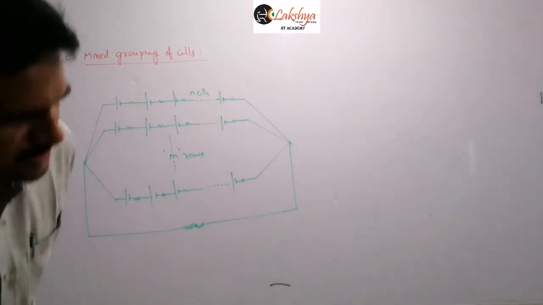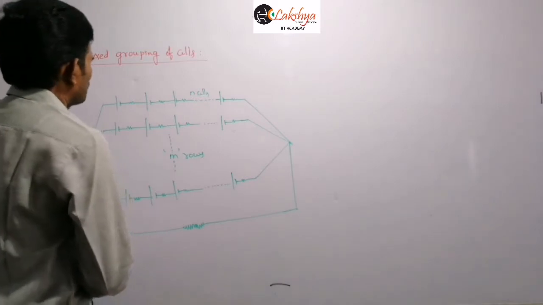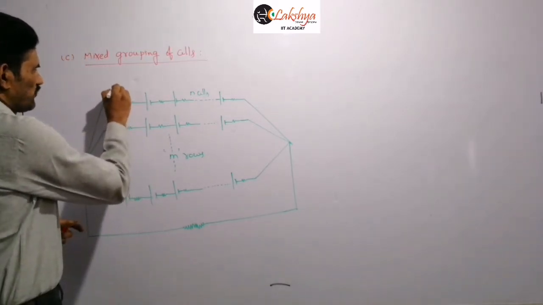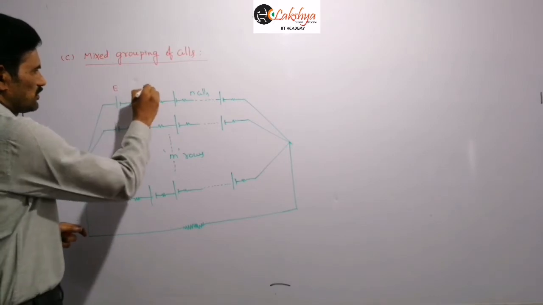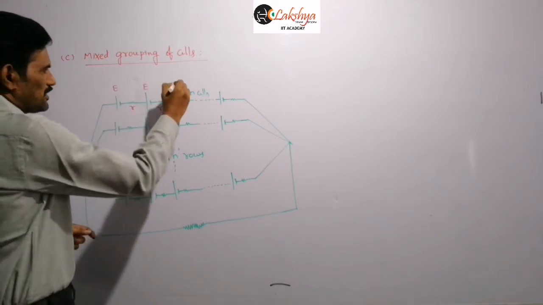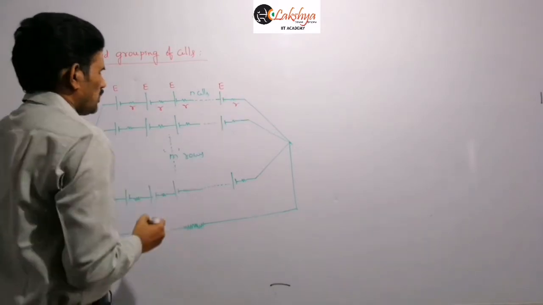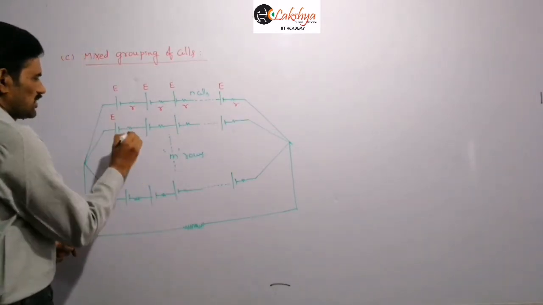So observe this clearly here. I am taking these as n identical cells, each of EMF E and internal resistance r, and such n cells are there in each row.